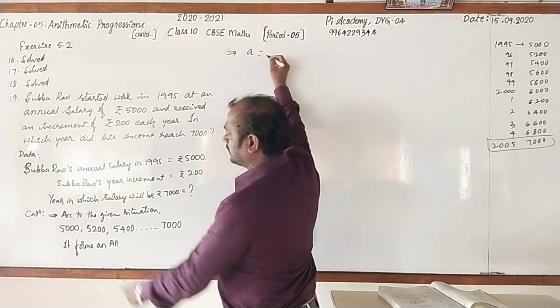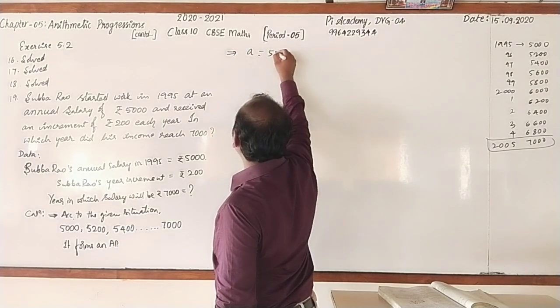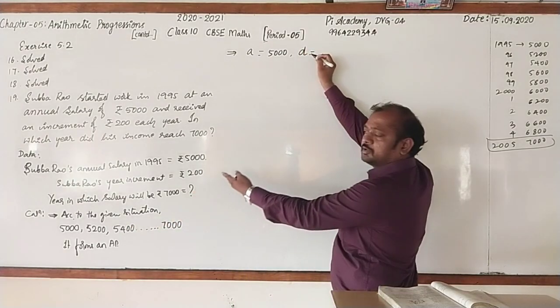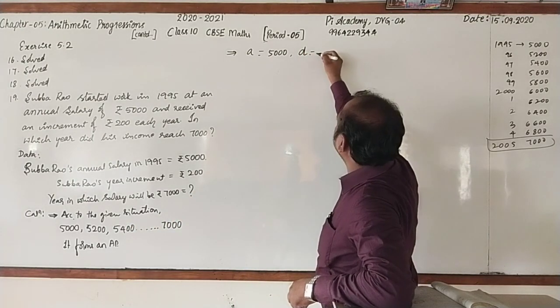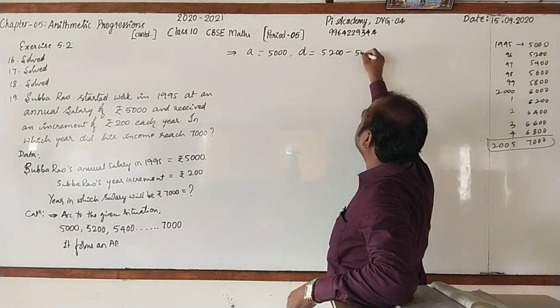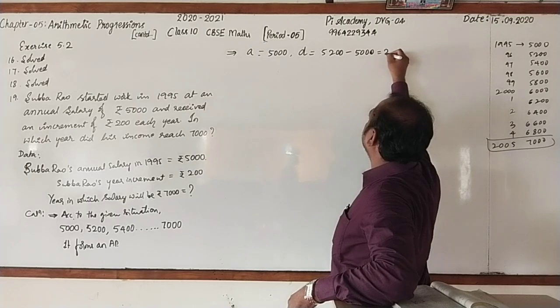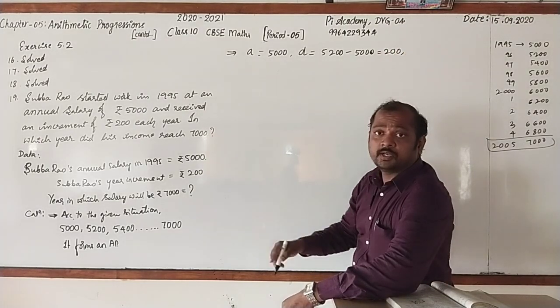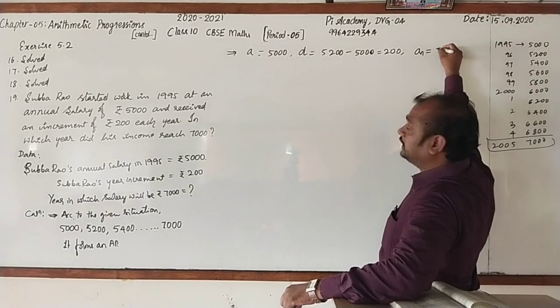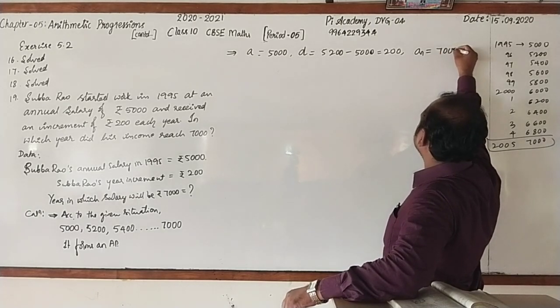Here, what is the first term? It is 5,000. The common difference they have given is 200. If you want to calculate, 5,200 minus 5,000 is equal to 200. Then what does 7,000 indicate? That is a_n. a_n is 7,000.